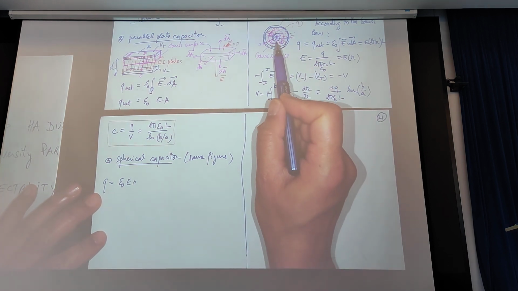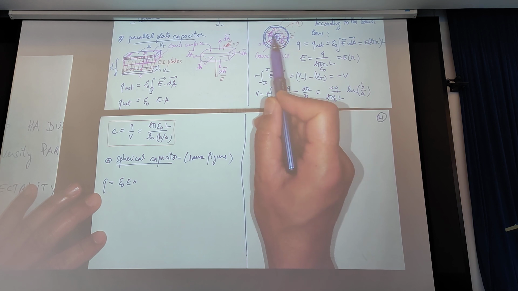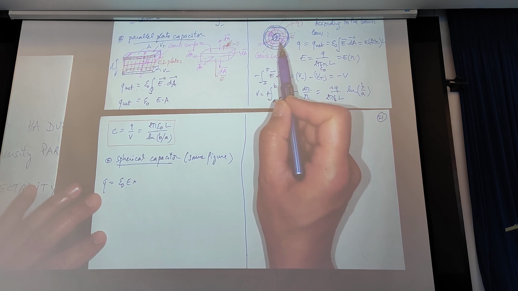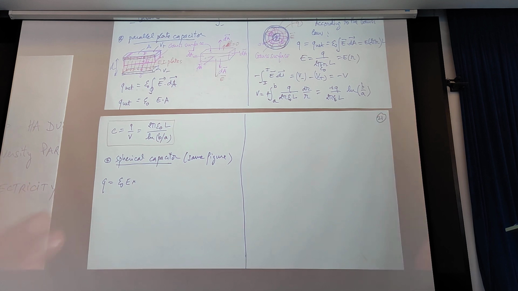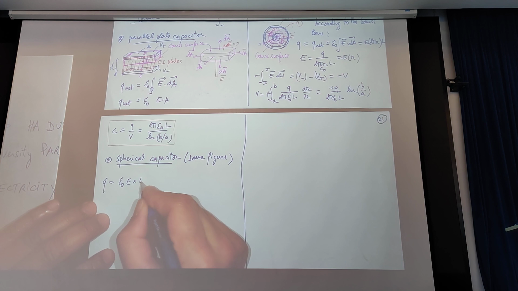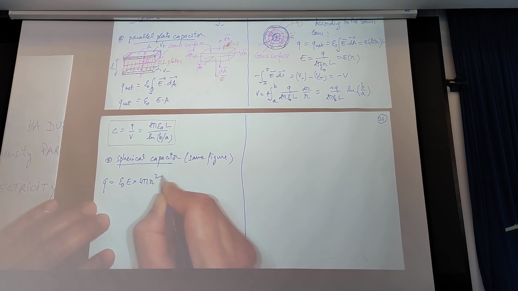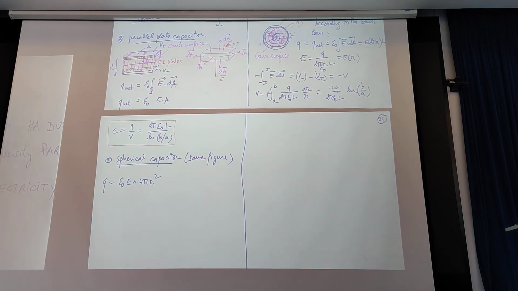So now let's say the Gauss surface is not 2πRL, but what is the surface of a sphere? 4πR², right?